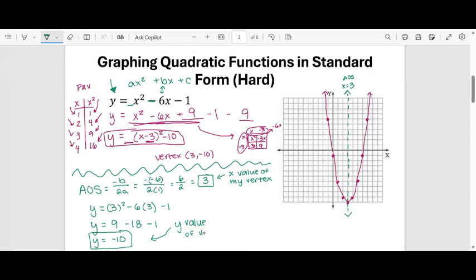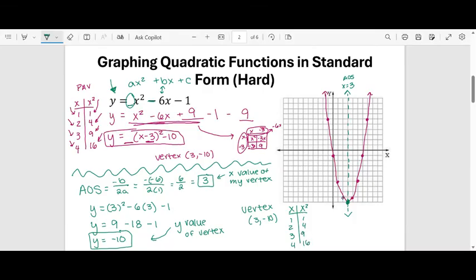Now that I have my x value and my y value, I can say that my vertex will be at 3, negative 10. I can see that my a value is 1, so that means my coefficient is 1. I'll only need 2 columns in my pattern about the vertex table, and it should follow the same pattern.